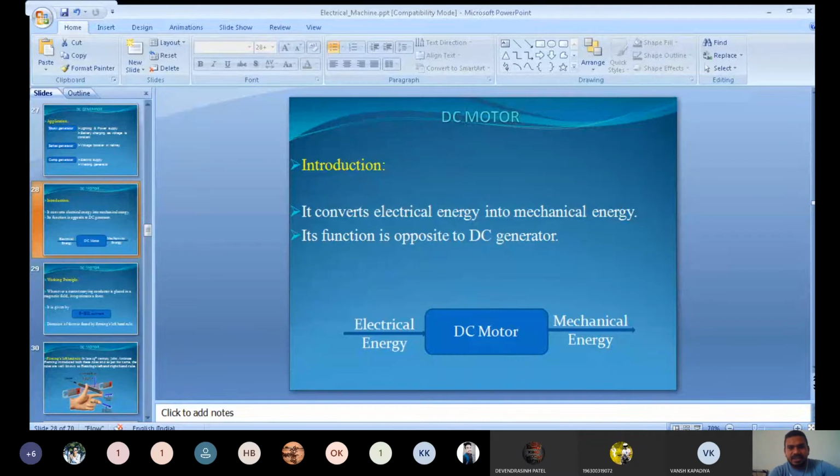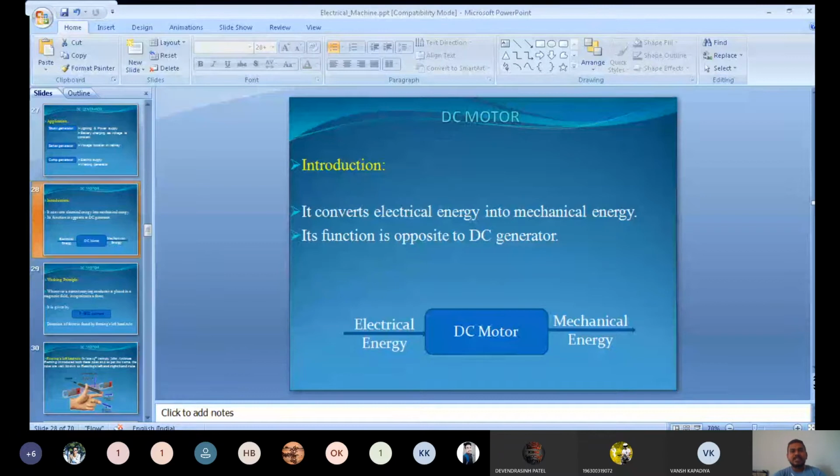Whatever electrical energy is used by the motor is of DC type, that's why it is known as the DC motor, and it converts it into mechanical energy. This is the general function.